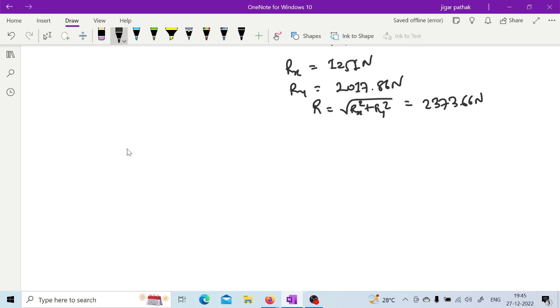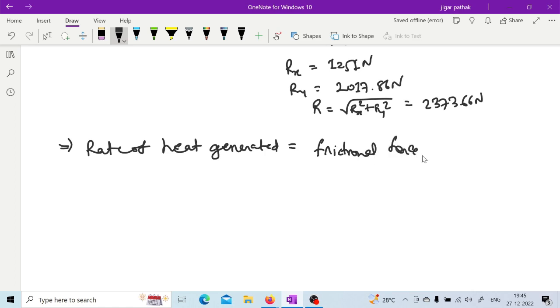So rate of heat generated is nothing but this frictional force into average velocity.